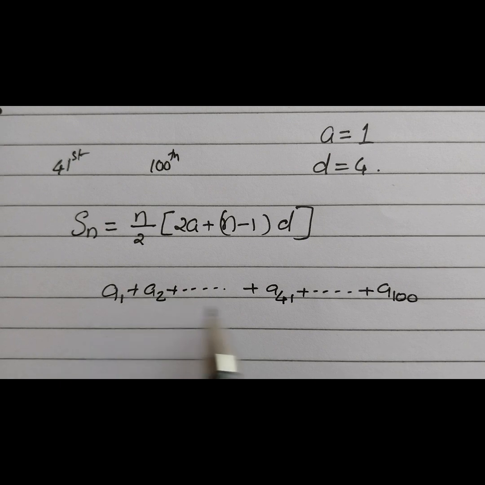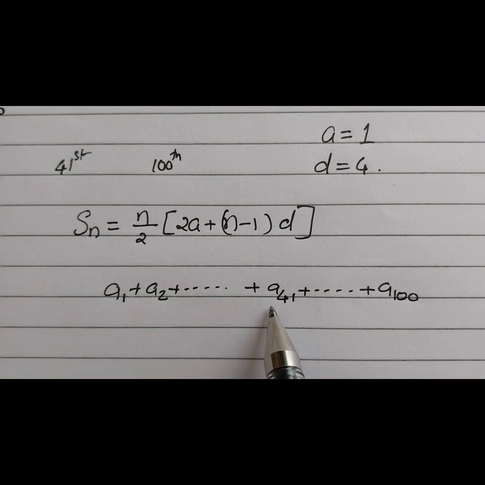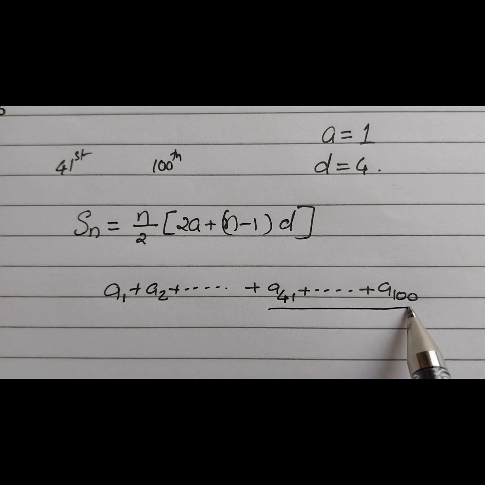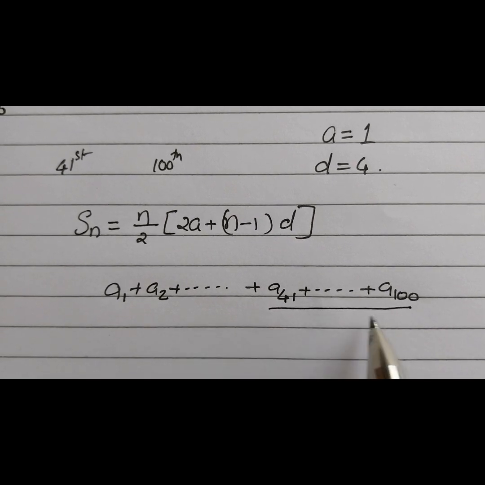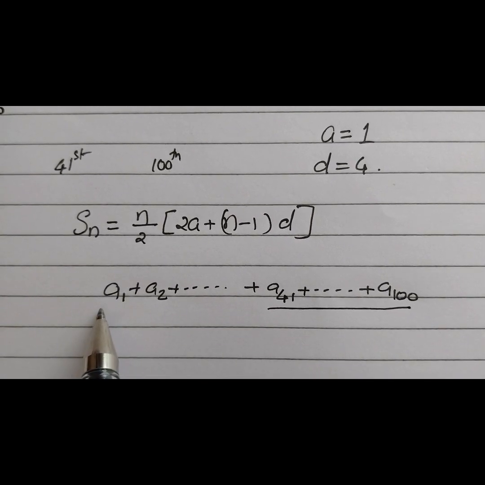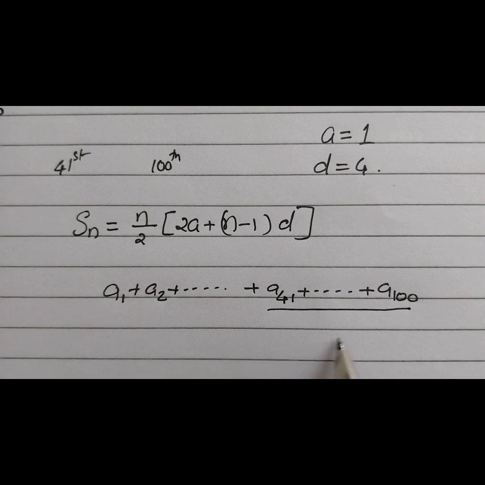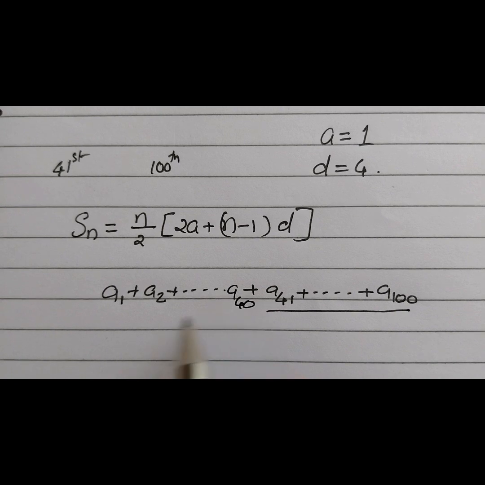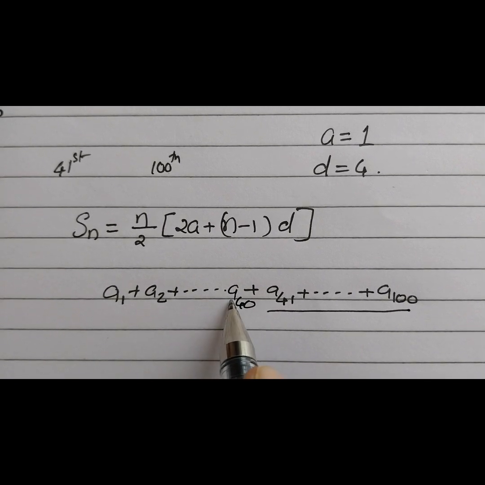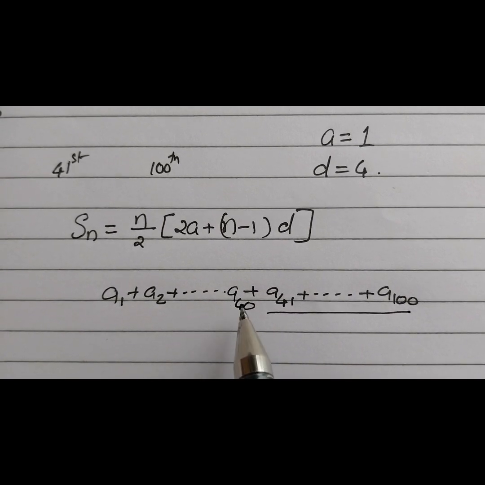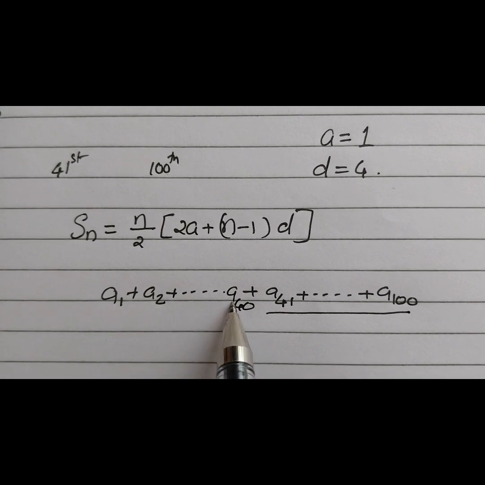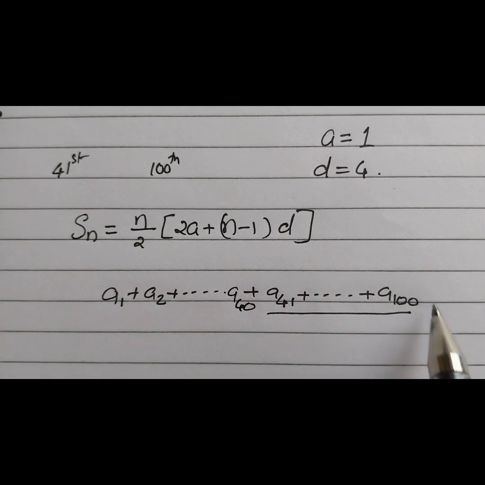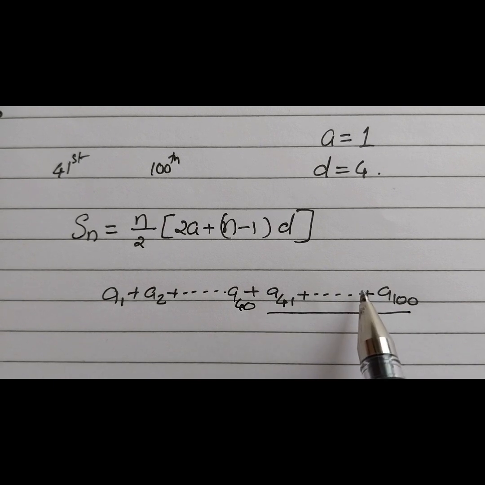Then to find sum of 41st term to 100th term, see, this sum you need to find. So to find this, let's find the total sum of 100 terms and sum of 40 terms. Then subtract this sum of 40 terms from 100 terms, so that you'll get sum of 41 to 100th terms.